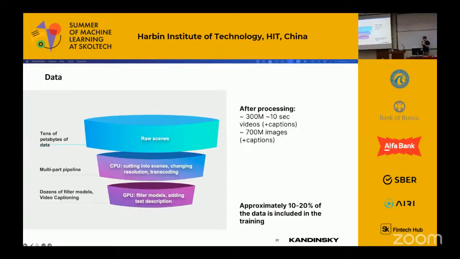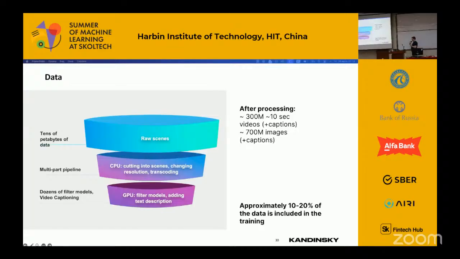For example, estimate the complexity of the scene, estimate the aesthetics of the scene, calculate whether the video has a watermark or not, and so on. There are a lot of aspects that you should estimate, and the estimations are produced by other neural networks, for example visual large language models or some convolutional neural nets.